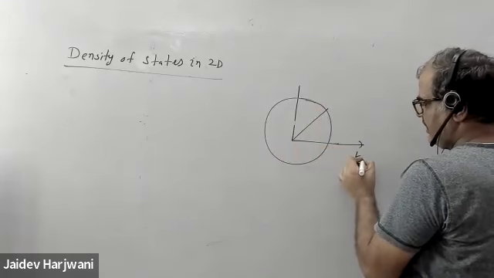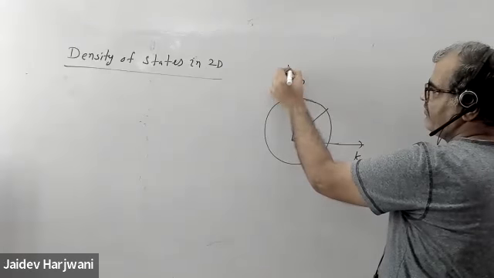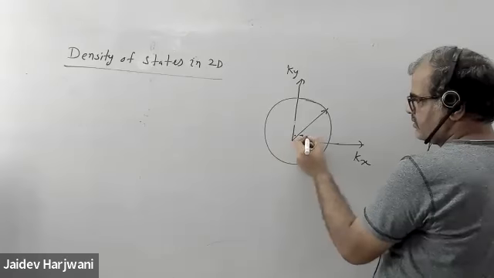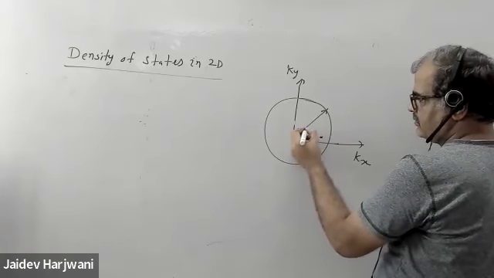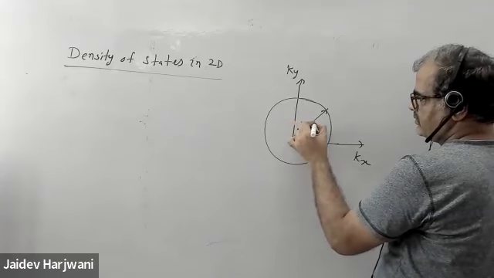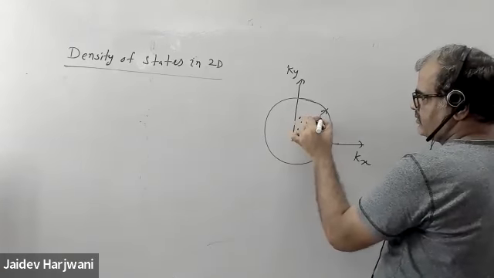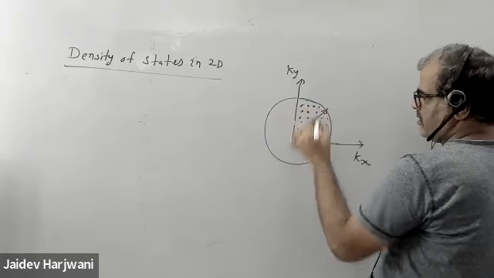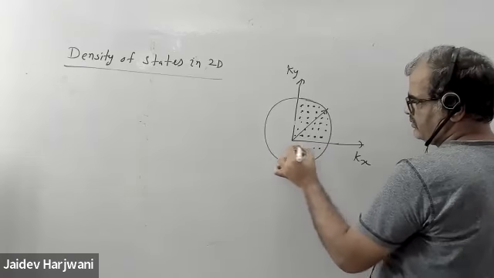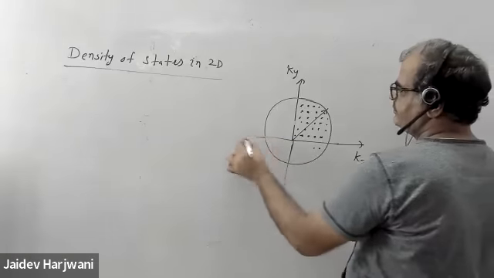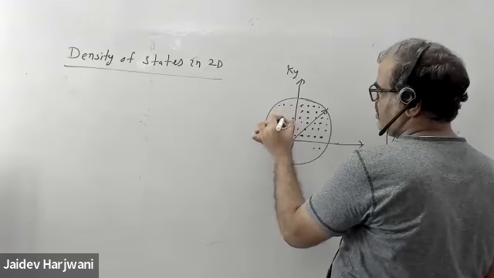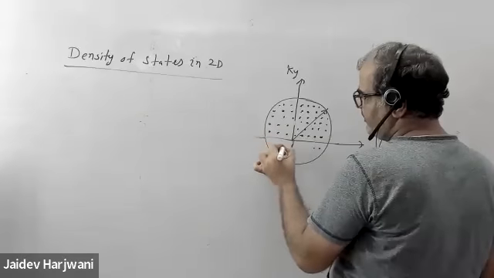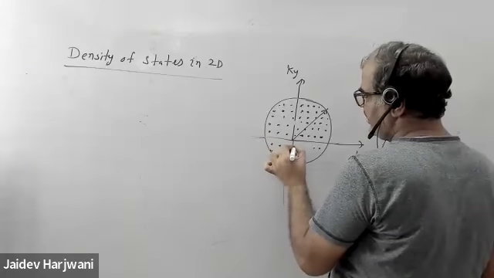So you have Kx, you have Ky, and you have this circle, with negative and positive values.